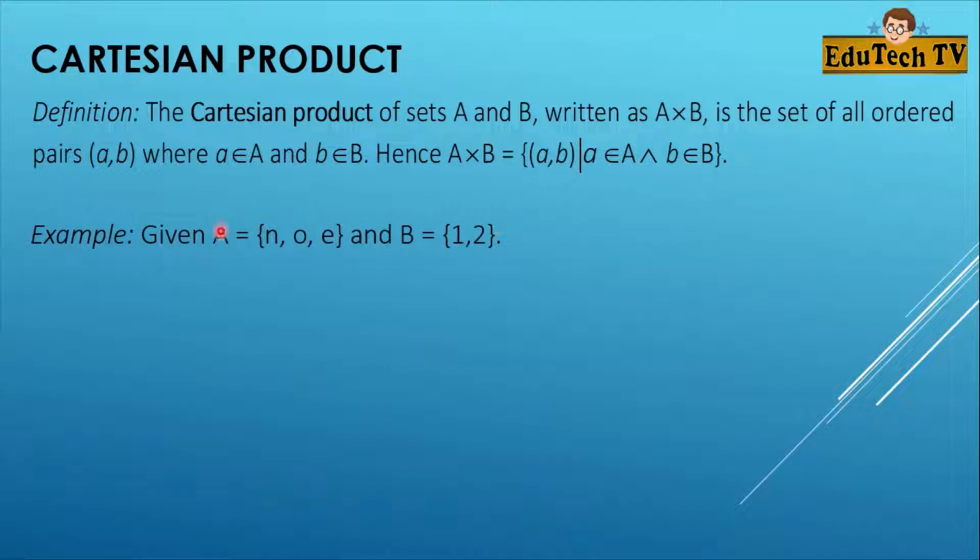Suppose we are given a set A whose elements are N, O, E and set B whose elements are 1, 2.